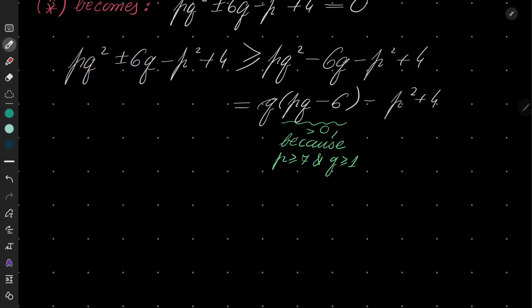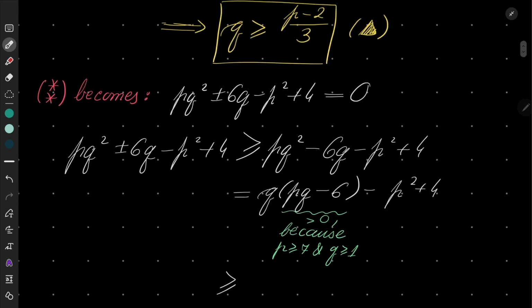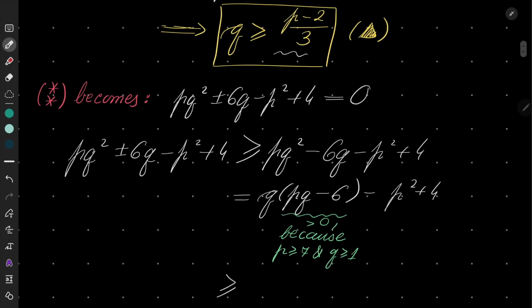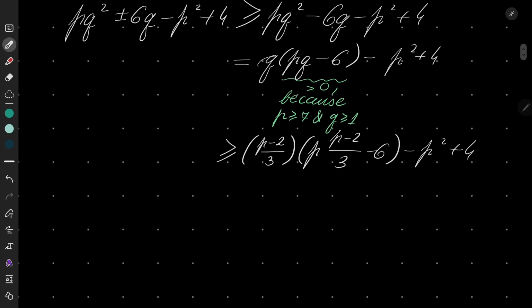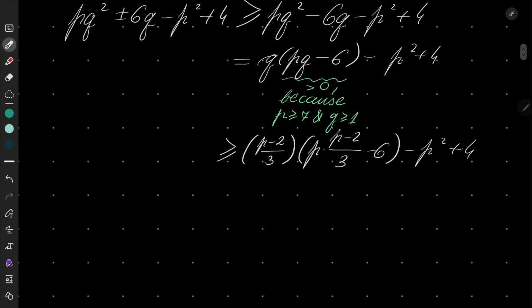So the smallest possible value will be attained when q is equal to this quantity: (p minus 2) over 3, minus 6, minus p squared plus 4. Okay, so we have this estimate.